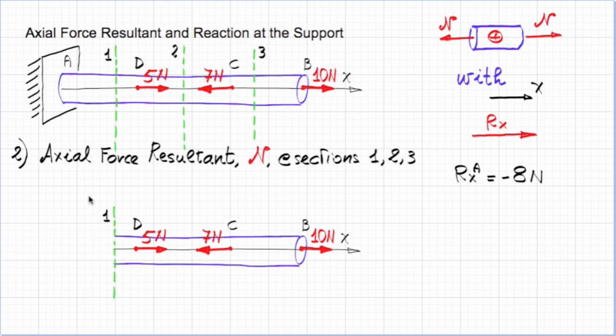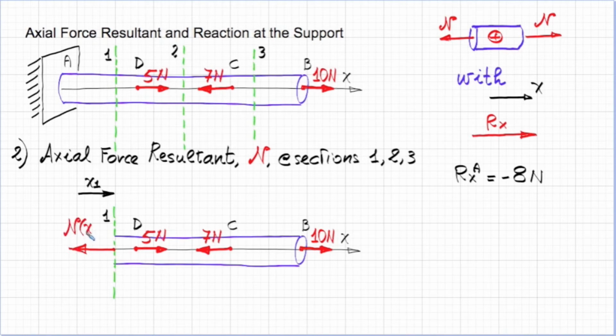If the x at section 1 is x1, then what is coming out of the section when we get rid of the left side of the bar is the axial force at section 1, which is N of x1. We draw it the way it would act if it was positive, that is tensile, and that would be coming out of the section. So this is our unknown N of x1.